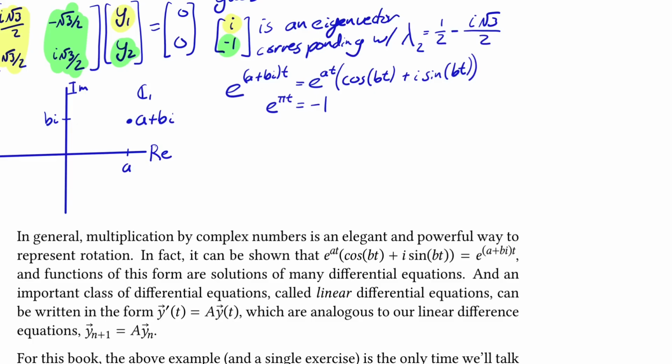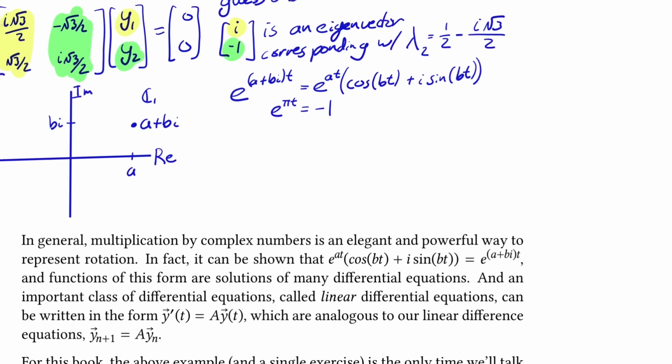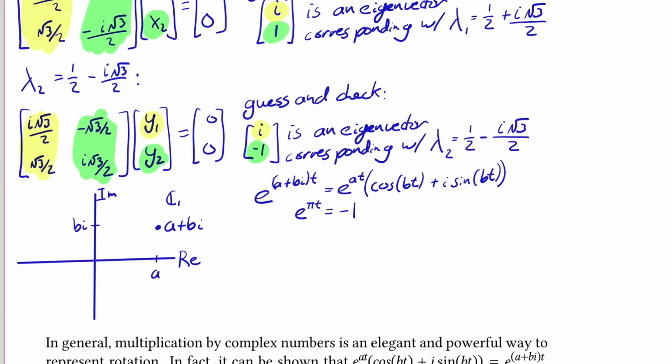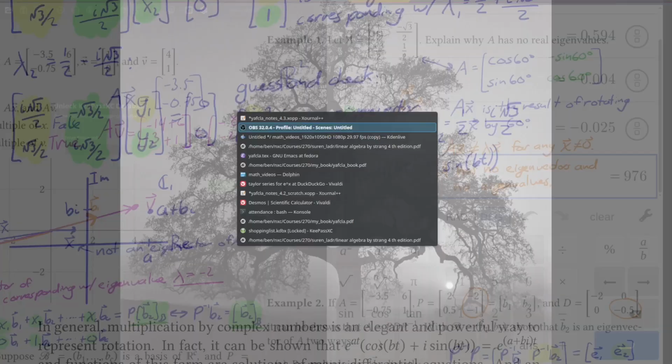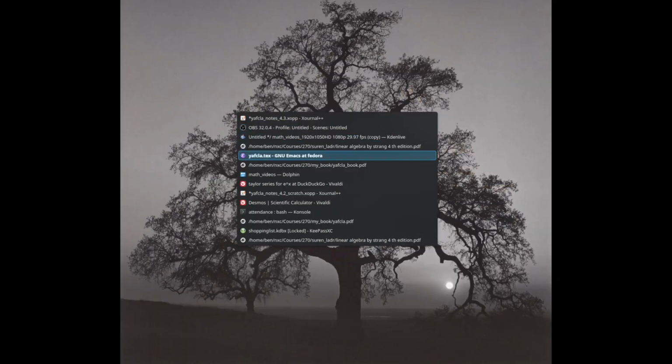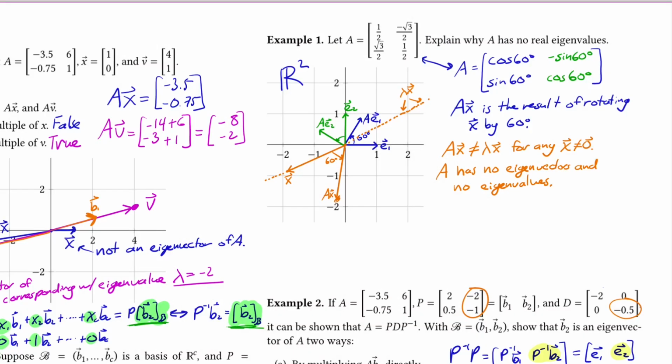So, yeah, complex numbers can represent rotation, and multiplying C2 vectors by these complex numbers is rotation, and it's also matrix multiplication, but it doesn't have any real eigenvectors or eigenvalues like we saw here. It doesn't work in R2.